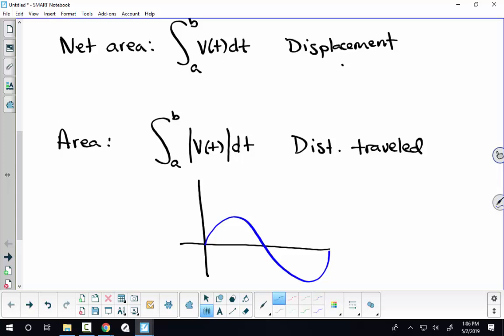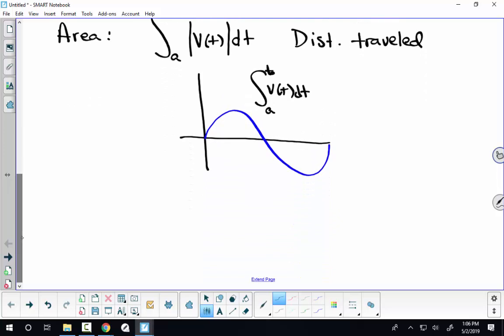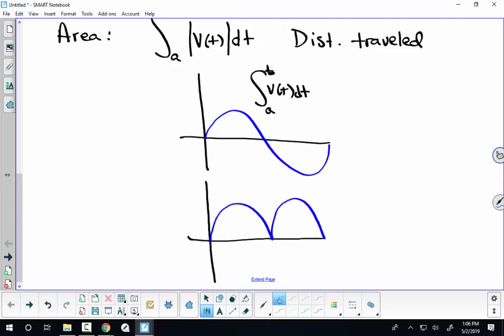In other words, this is the definite integral of some function for net area, compared to if we looked at the function this way, that would be the integral of the absolute value.